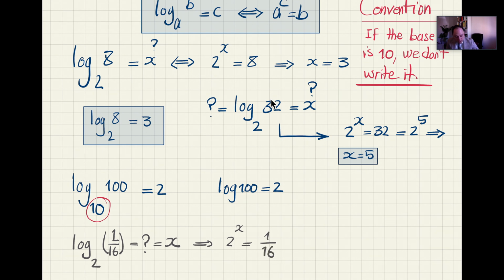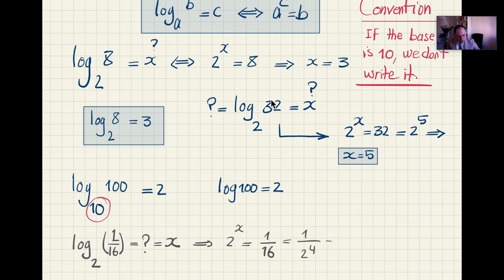Then you see that this is not a new problem. This is a problem we practiced a little bit under the title of exponential equations last time. So how should I solve that? I need to write both sides in the same base. This I cannot do anything with, but if you're a little bit friend with numbers, you immediately realize that 16 is nothing except 2 to power 4.